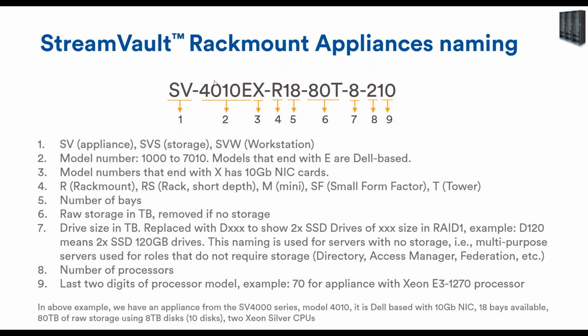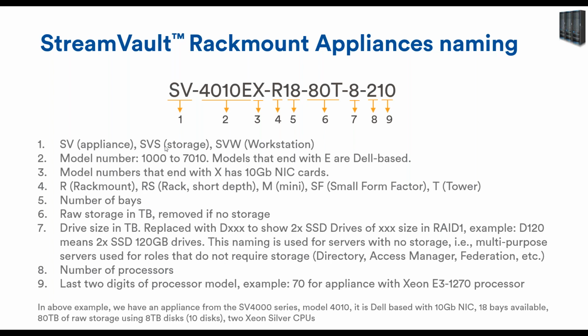Let's take a quick look at the ordering information on the part number of the Streamvault. So when we look at the first part, we have SV, SVS, or SVW. So the SV is a Streamvault appliance, meaning any servers will start with SV. The SVS is the storage.